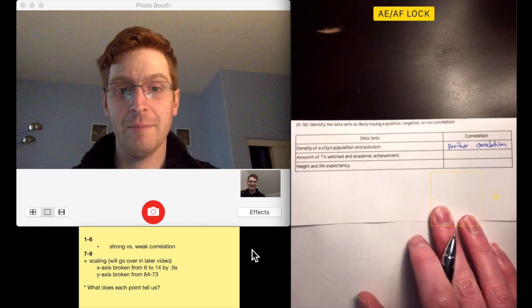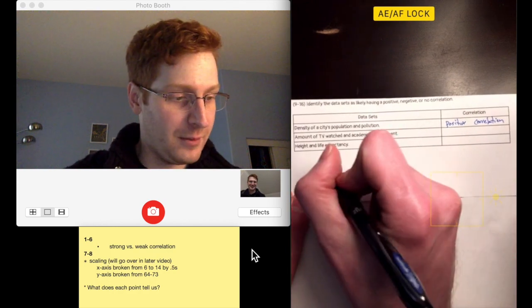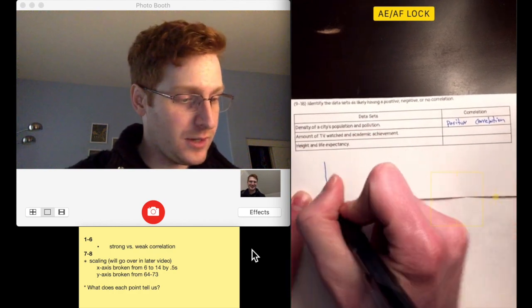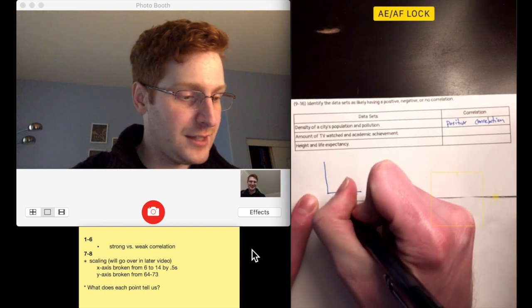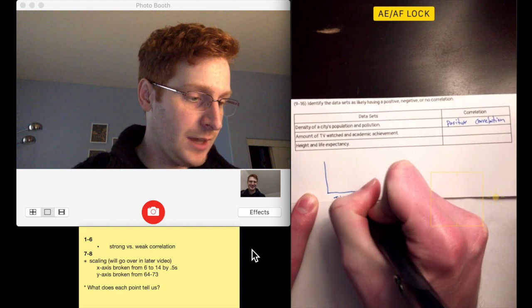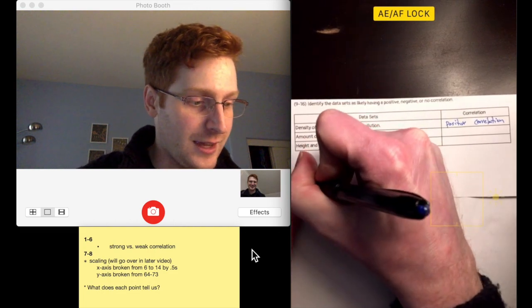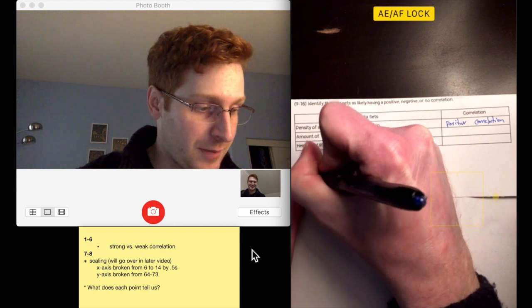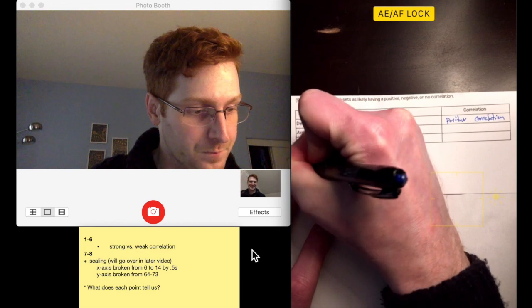If we go down to the amount of TV watched and academic achievement, it might be hard to visualize this. So why don't we go ahead and just create one of our graphs, and we can say, well, let's say we have the TV watched, in hours, and we have grade levels, just as a measurement of academic achievement. Maybe we can do GPA.